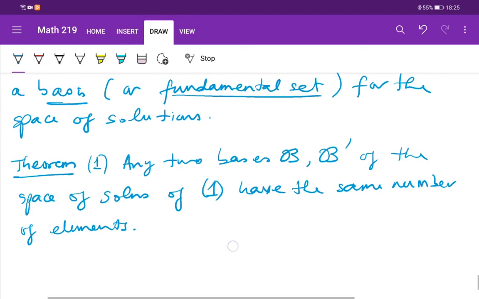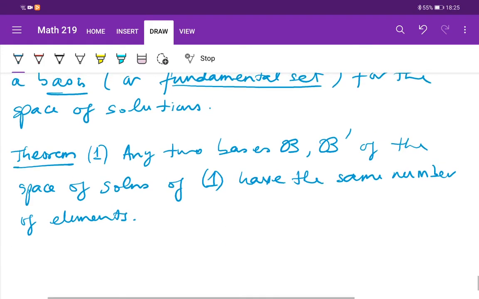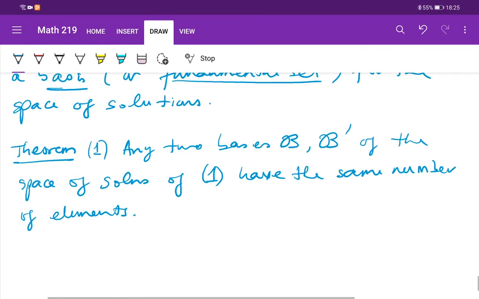We know this from linear algebra. If you recall your linear algebra, if you have a finite dimensional vector space, then any two bases of it have the same number of elements. Here, our space of solutions is a finite dimensional vector space. We have found one basis containing n elements, so every other basis must contain n elements.